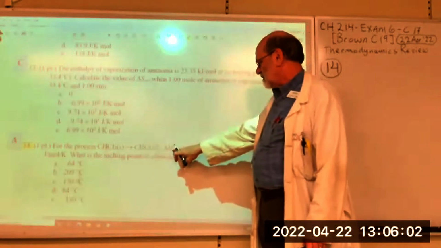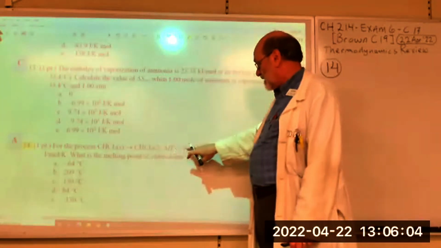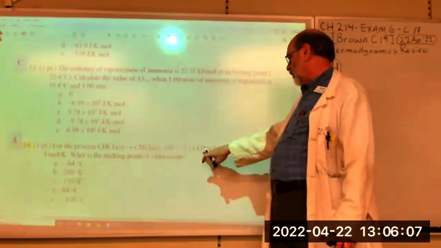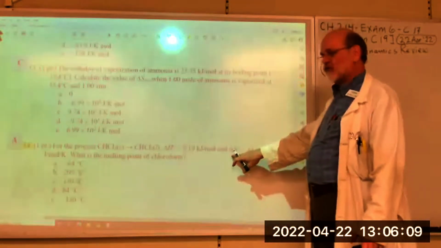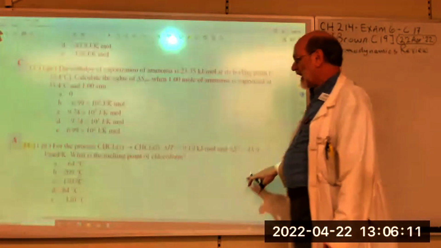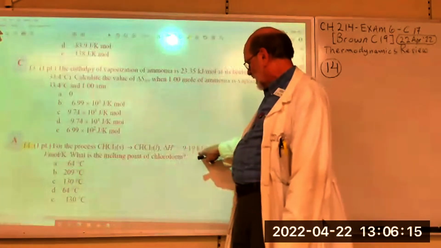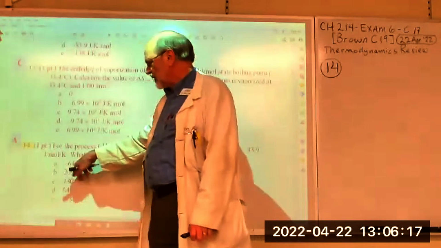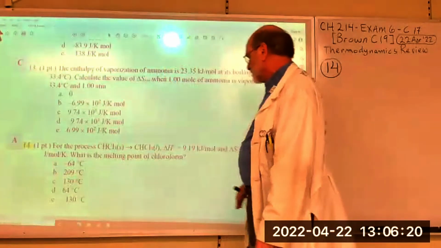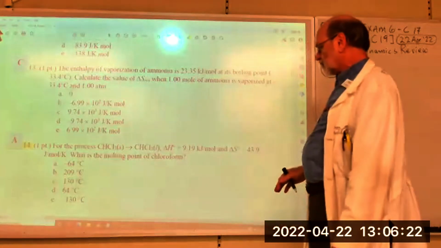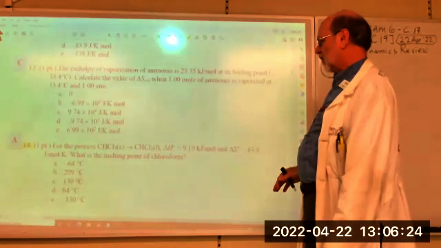And the standard enthalpy is 9.19 kilojoules per mole. And the standard entropy is 43.9 joules per mole K. Notice the difference in units here. Kilojoules here, joules here. Plus we got the addition of a temperature. What's the melting point of chloroform?